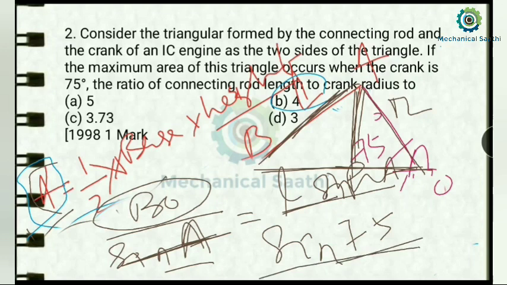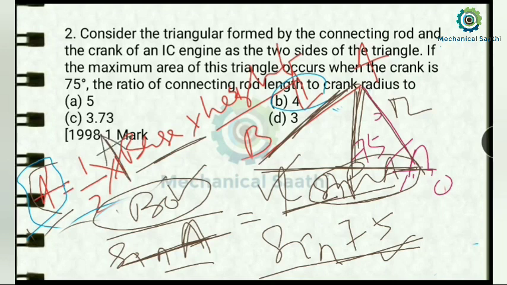Here L is constant and sine 75 is also constant. So if we change the value of angle A, then BO will change. So we can say the area will be maximum when the base is maximum.